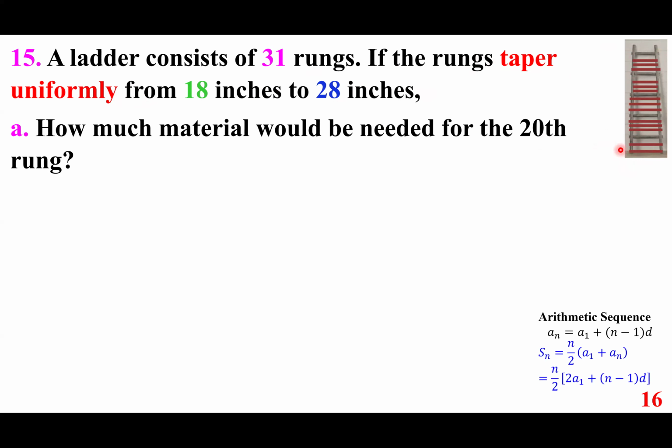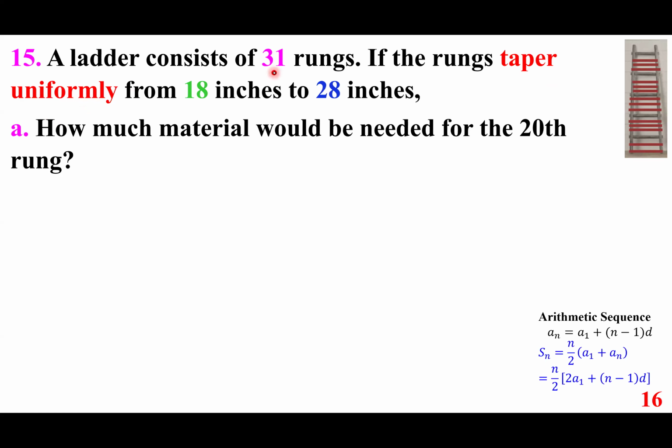one, 28. So you add the same amount, and that shows you're dealing with an arithmetic sequence because you're adding uniformly, you're adding a constant. Taper uniformly, you're adding a constant d. That's the idea. So let's go back to the first number.